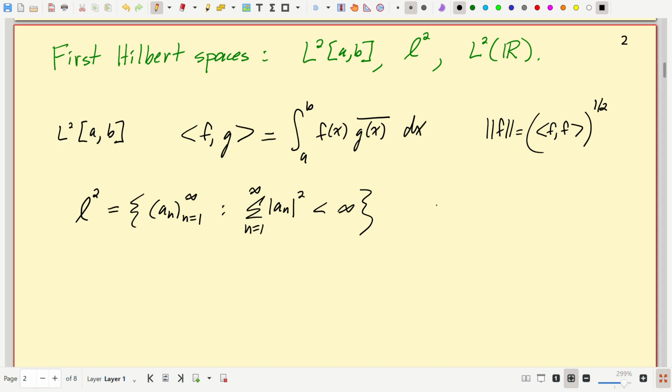And this inner product, if I take a sequence a_n and dot it with b_n, is just going to be the summation of a_n b_n conjugate as n goes from 1 to infinity.